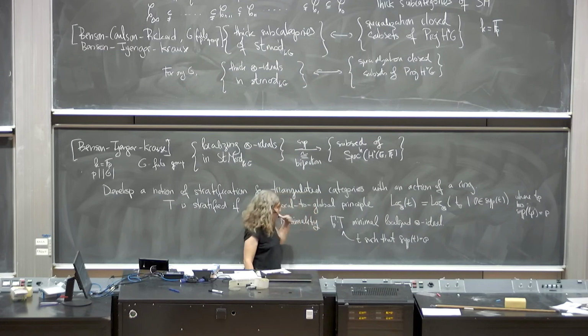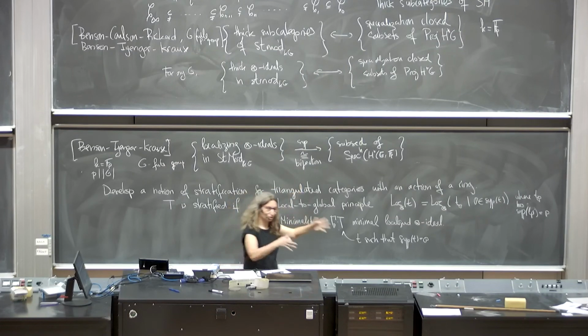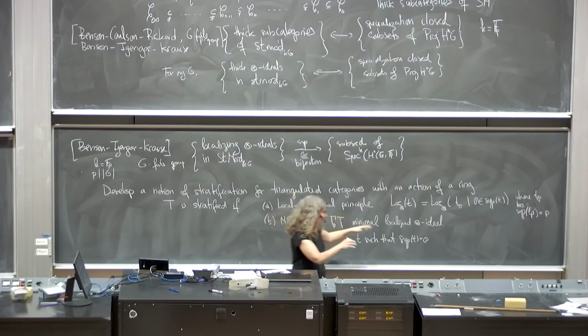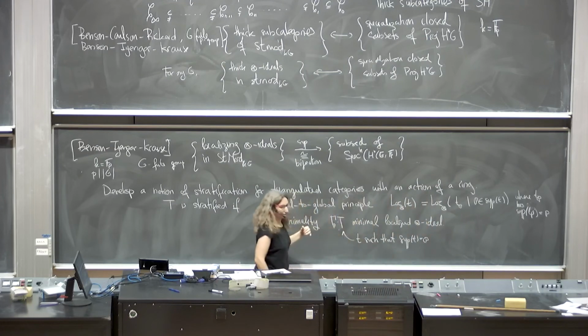So they describe these two conditions, and if these two conditions are satisfied, then you get this bijection for free in your context. You have a notion of support, you have a way of splitting the information of the objects at the primes where the support lives, and then there are two conditions that you need to check.